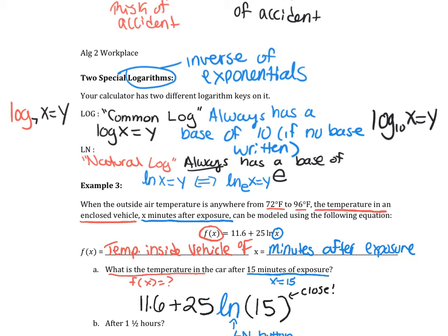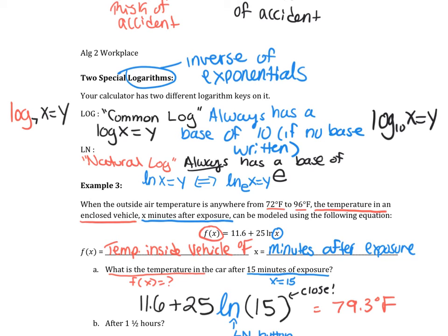Make sure you're hitting the ln button, not the log button. When you do that, you should get 79.3 degrees Fahrenheit. Any questions getting that typed into your calculator? Okay.